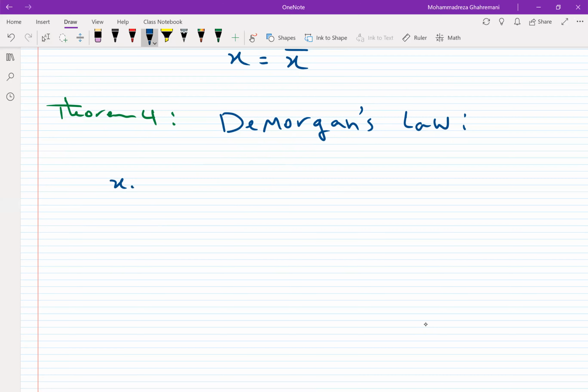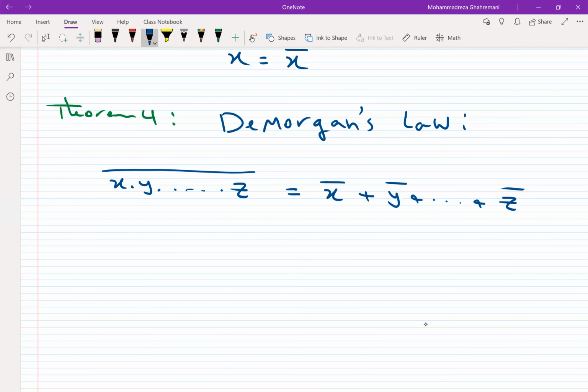If we have x dot y dot z, if we complement the entire term, it's equal to x bar plus y bar plus z bar. So in this part, we changed AND to OR, and then complemented each of the variables.